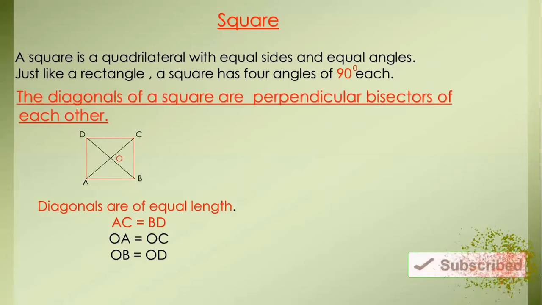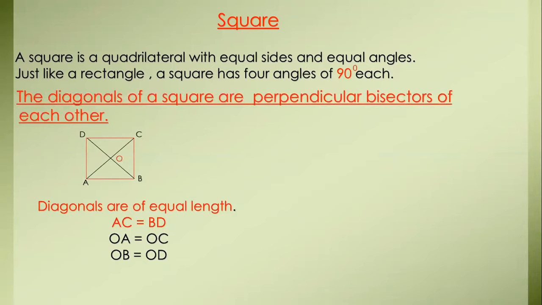Just like a rectangle, 4 angles are equal in measure, that is right angle 90 degrees, and diagonals are of equal length. Perpendicular bisectors AC and BD bisect at a point O. So AC is equal to BD and OA is equal to OC and OB is equal to OD.